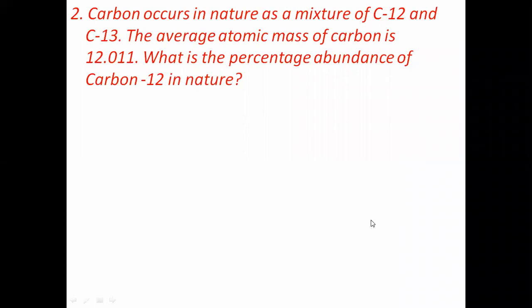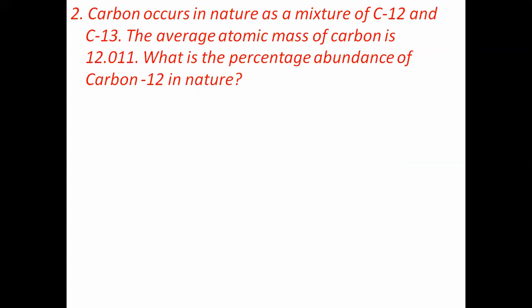Coming to the second problem, carbon occurs in nature as a mixture of carbon 12 and carbon 13. The average atomic mass of carbon is 12.011. What is the percentage abundance of carbon 12 in nature?